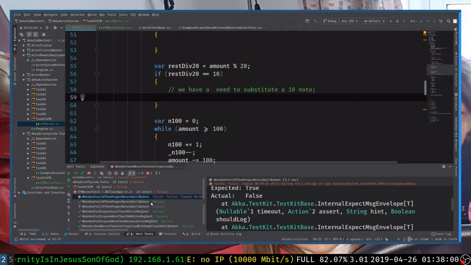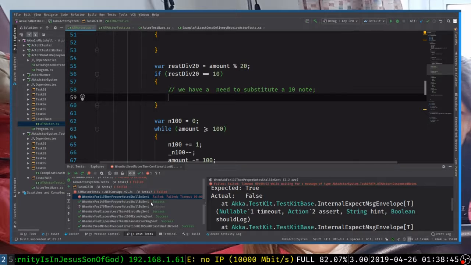So what can we do with this term note? The one thing we need to know is, do we need a 50 for example, right?